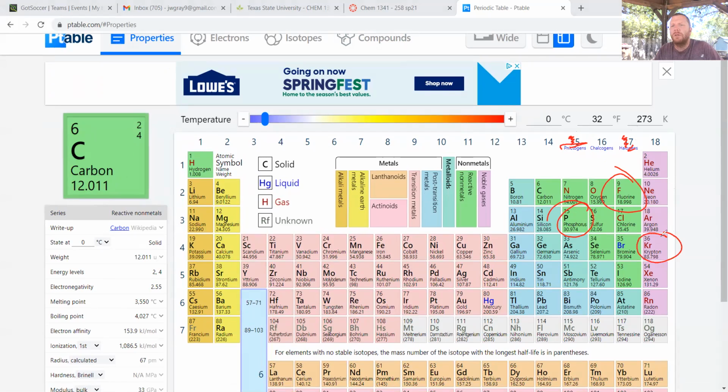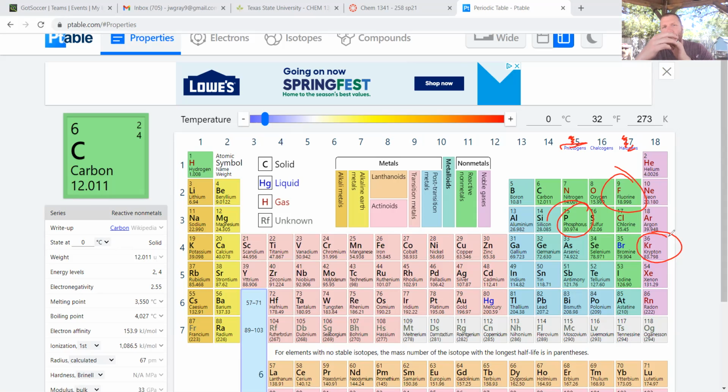And the final one is Kr, krypton. Simply identifying the number of valence electrons is going to be very productive whenever you're thinking about bonding. We've talked about the octet rule: each atom wants to have a total of 8 electrons surrounding it.